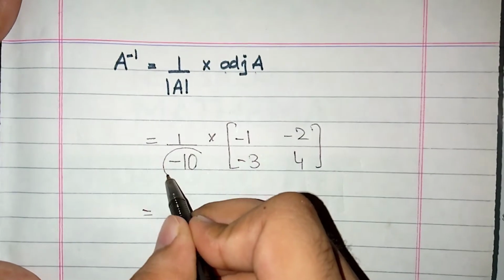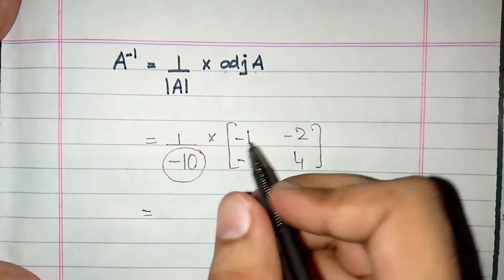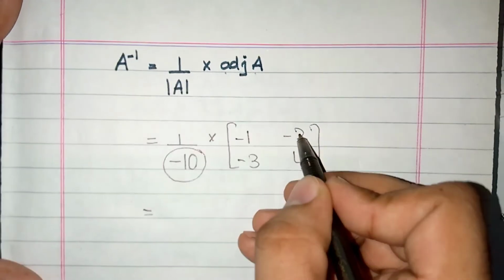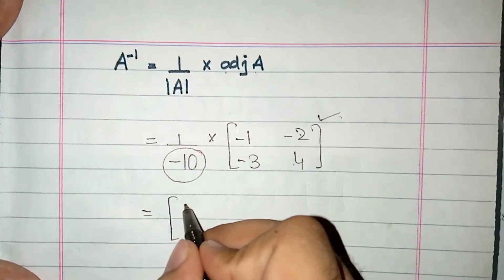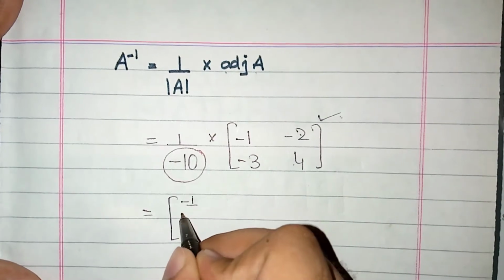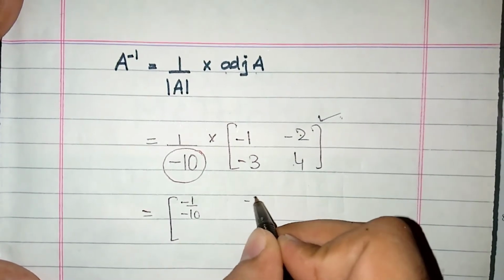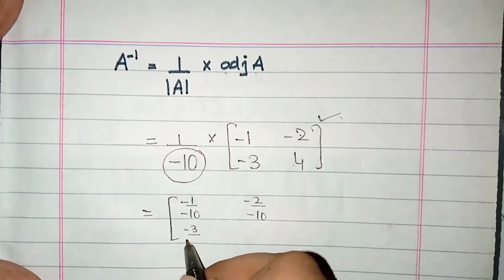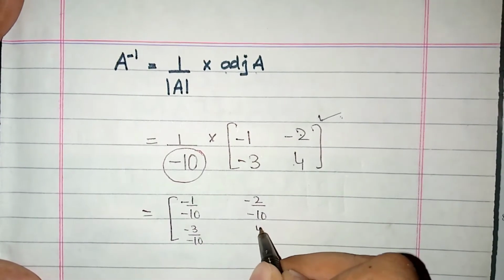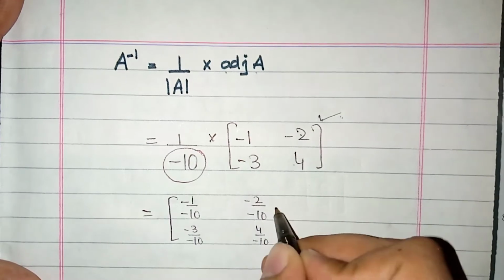Now this negative 10 is divided with every number of this matrix. You can write it as negative 1 over negative 10, negative 2 over negative 10, negative 3 over negative 10 or 4 over negative 10.